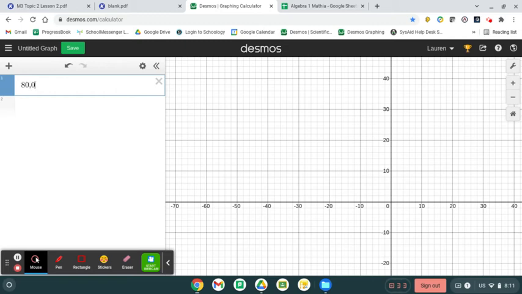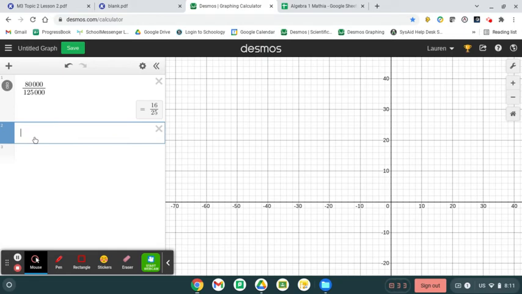So we have 80,000 over 125,000. This gives us 16 over 25. Since it's over 2 years, you have to take the square root of that.